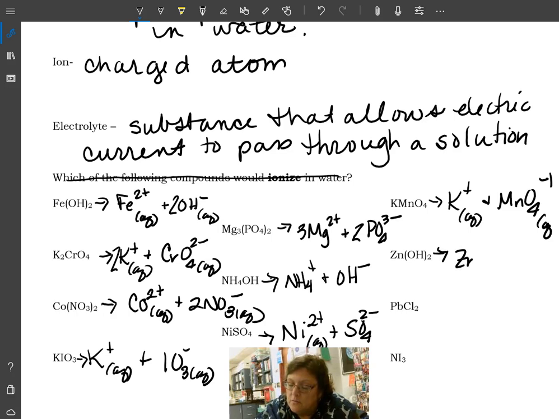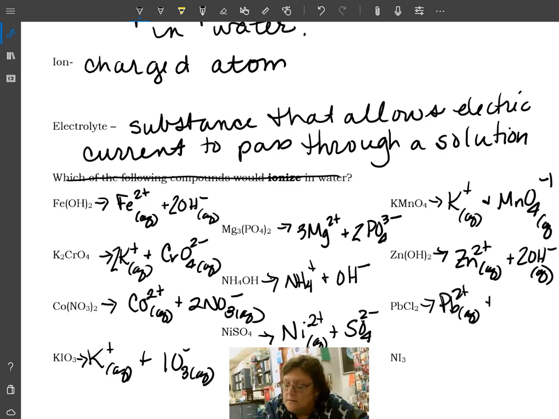Zinc hydroxide will dissociate into zinc ions and hydroxide ions. Lead chloride will dissociate into lead ions and chloride ions. And then nickel triiodide, I don't even know why it's on this page because it has nothing to do with this. All right.